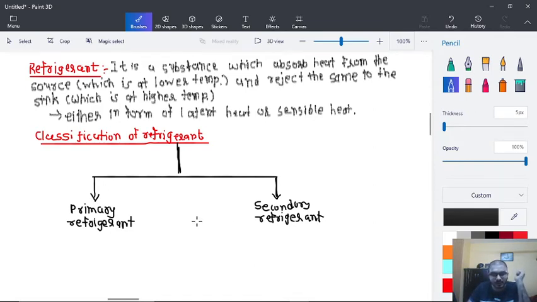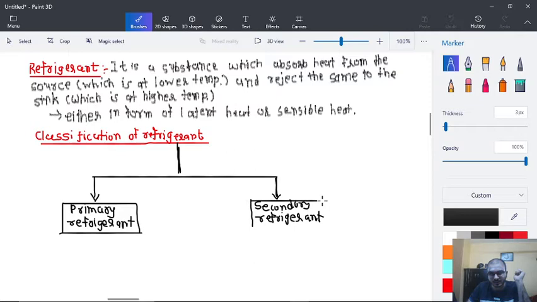So again I am repeating this part: primary refrigerants directly take part in the refrigeration, and secondary refrigerants are first cooled by the primary refrigerants and then used for the cooling purpose. This is the classification, and now we will see further classification of primary refrigerants.